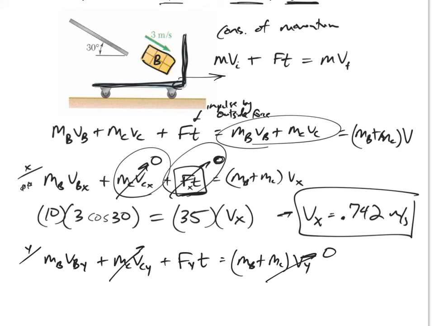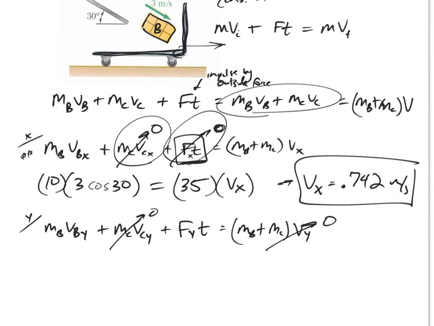This one started from rest, so its initial velocity is 0. Initially I start with 10, and its velocity is 3 sine 30, and it's actually down. I want to define my y as positive up, so that is down, plus any impulse is equal to 0. So the impulse, I'm just going to leave it as F times time.